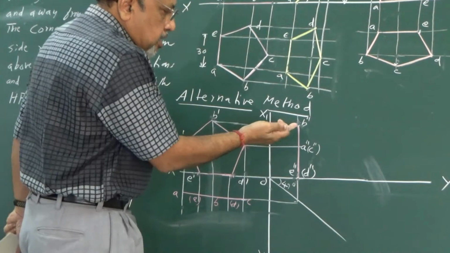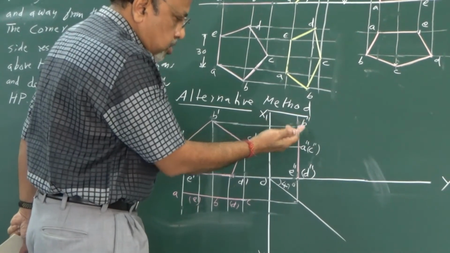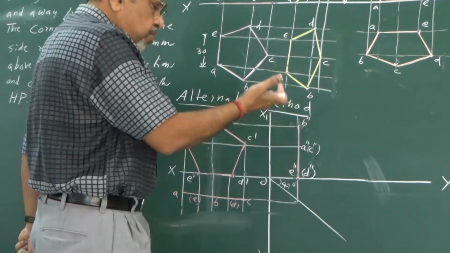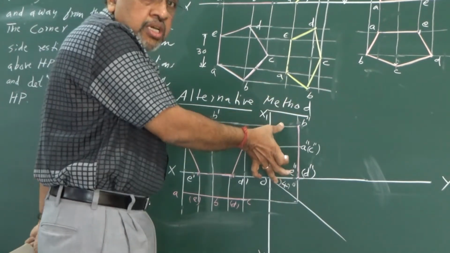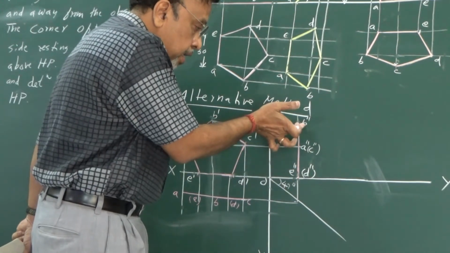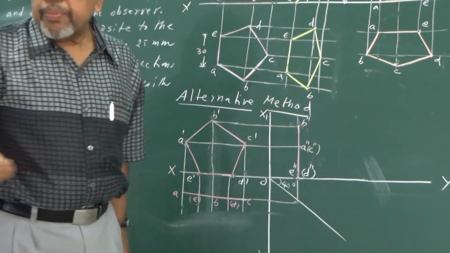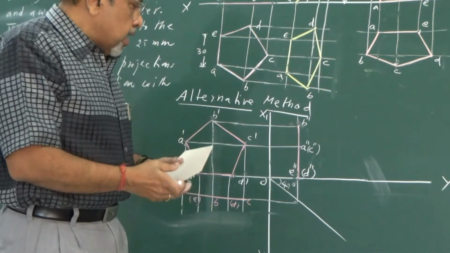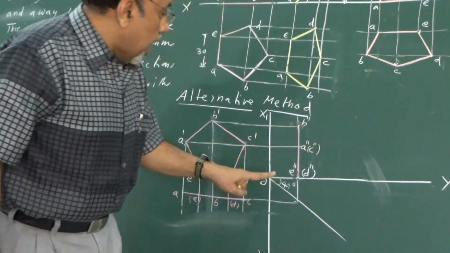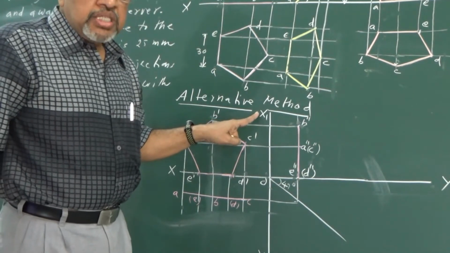As you can see, this particular corner B double dash, which is opposite to DE, is at a certain distance above HP. But what distance did I want? I wanted this corner B to be 25 mm. And always remember, in the side view, OY represents HP and OX1 represents VP.